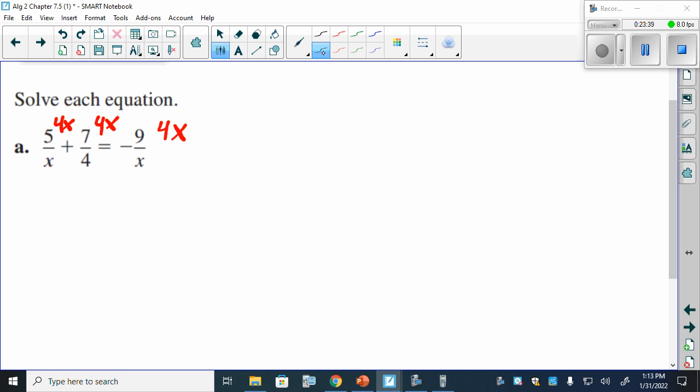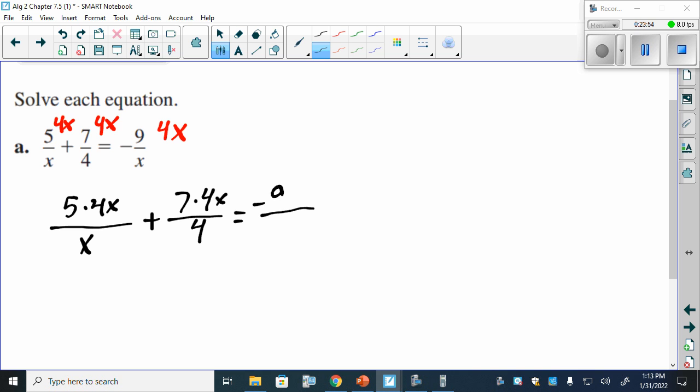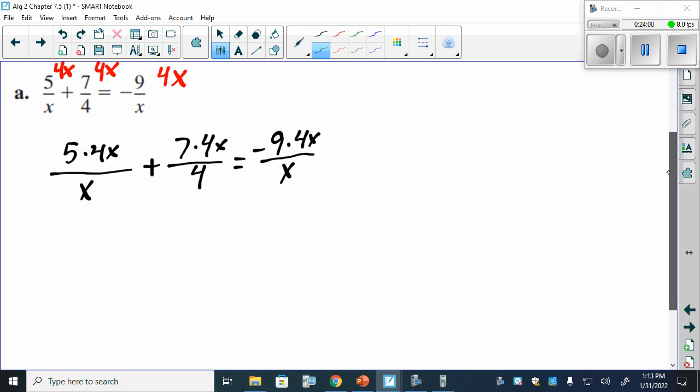And if we do this here, well, our first one is going to be 5 times 4x over x plus 7 times 4x over 4 is equal to negative 9 times 4x over x. And what we're using here is the least common denominator, which is our least common multiple, but just mainly focus on the denominators of each one of these fractions.